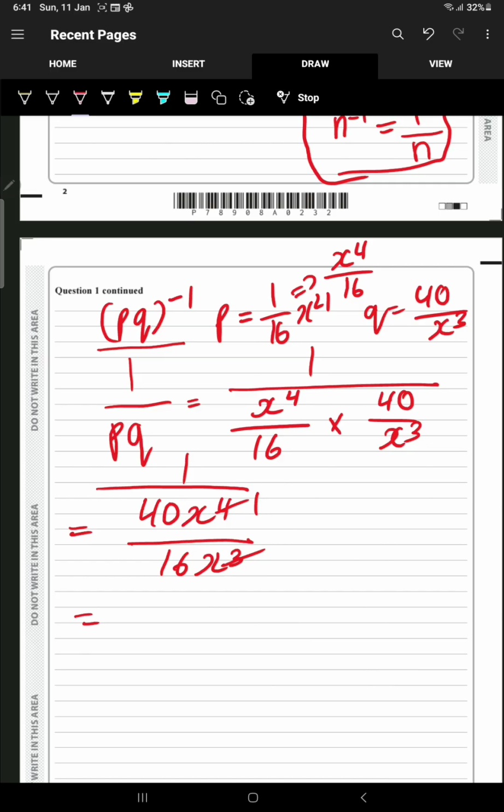So 40 over 16 is going to be 5 over 2 if we simplify it, and this is going to give us x. This can be written as 5x over 2.